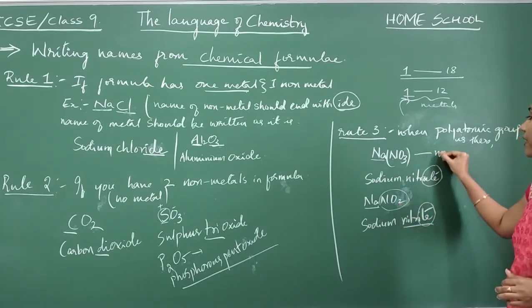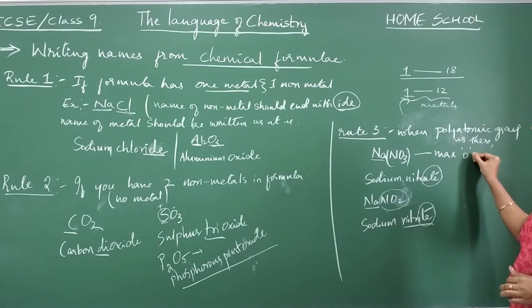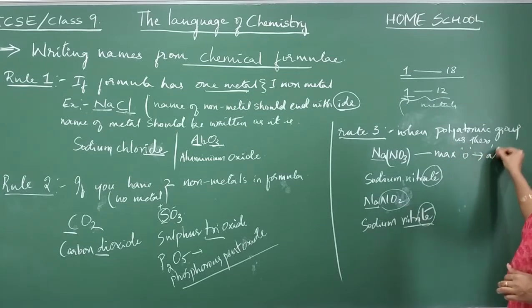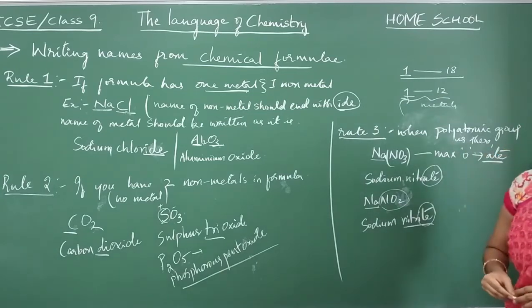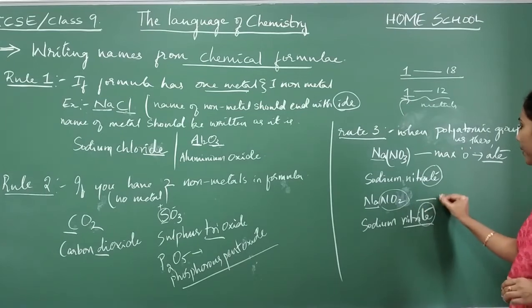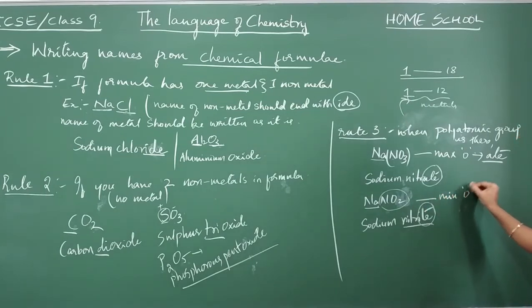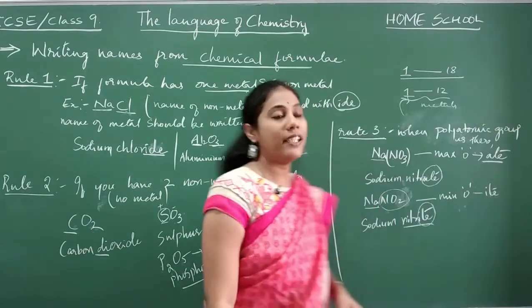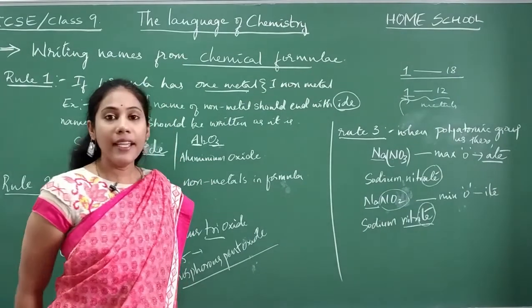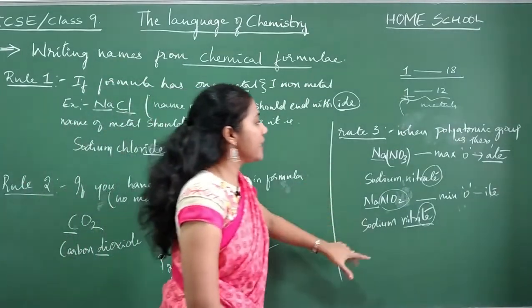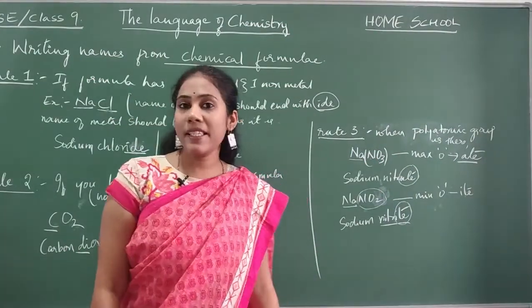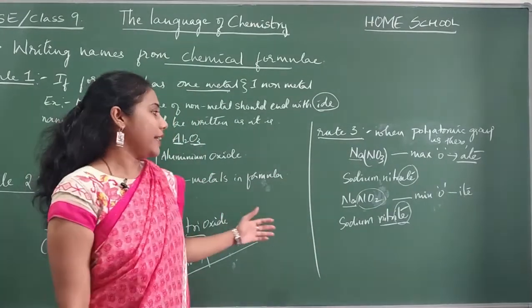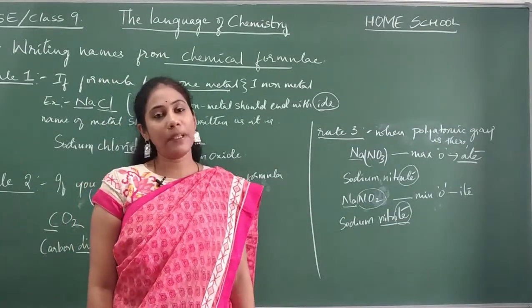So whenever maximum oxygens are there, you will end the name with ATE. Whenever minimum oxygens are there, you have to use ITE while writing the name of a polyatomic group. That is very much necessary, guys. That's all about the basic idea on how to write a name for a chemical formula.